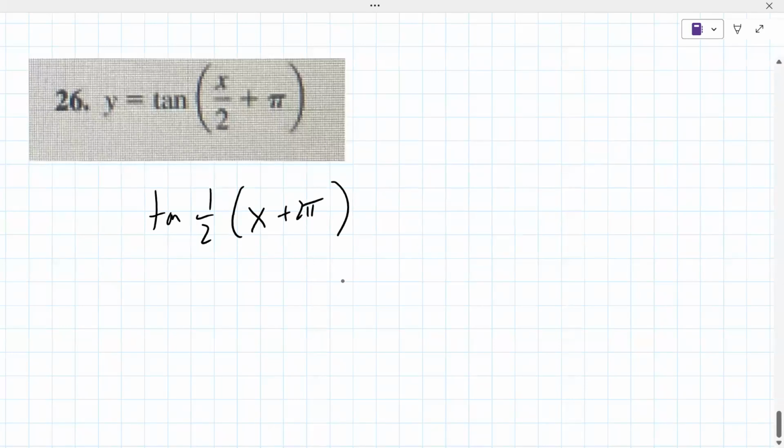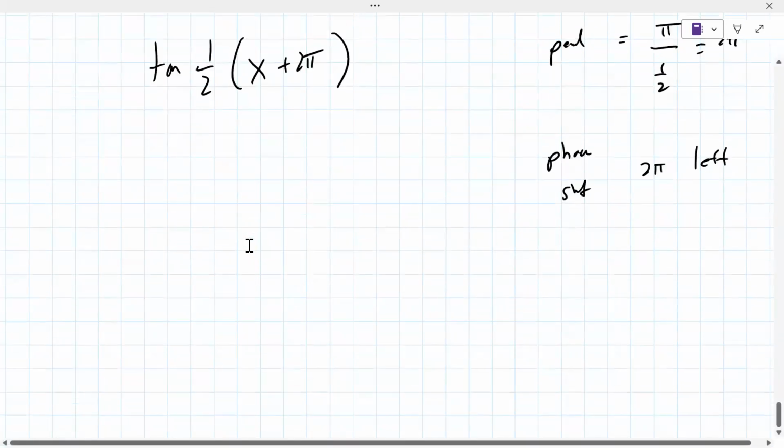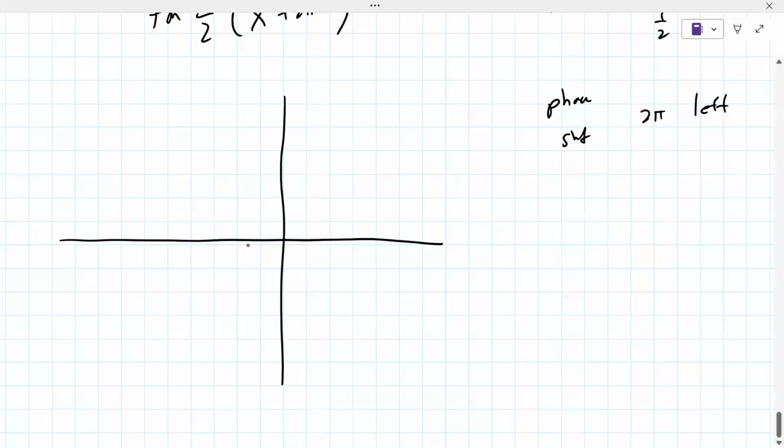Okay. The period of this is pi over 1/2, which is 2 pi. The phase shift this time, though, is 2 pi left. So you're moving everything 2 pi to the left. Normally here it's minus pi over 2 to pi over 2.